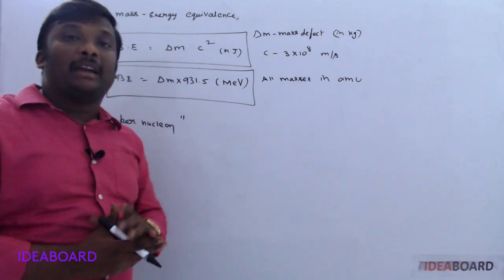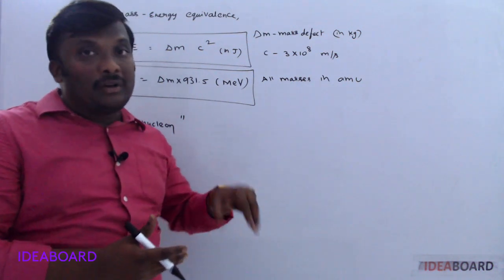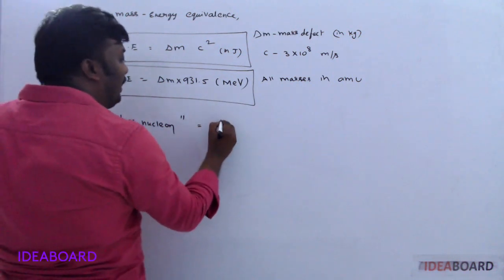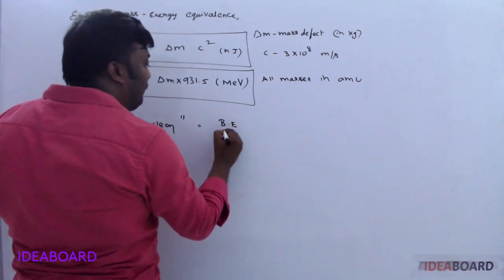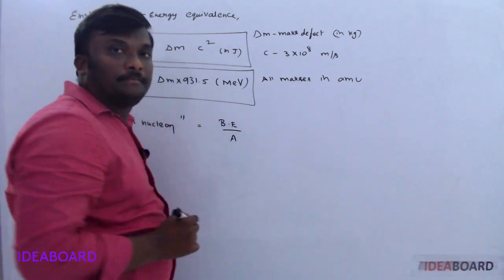It is not explained by the binding energy. Binding energy per nucleon is represented by binding energy by mass number.